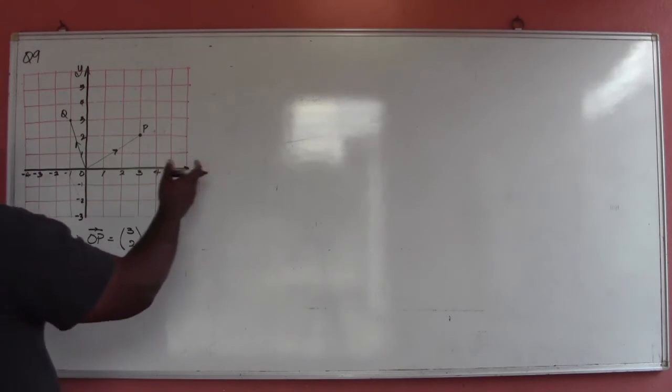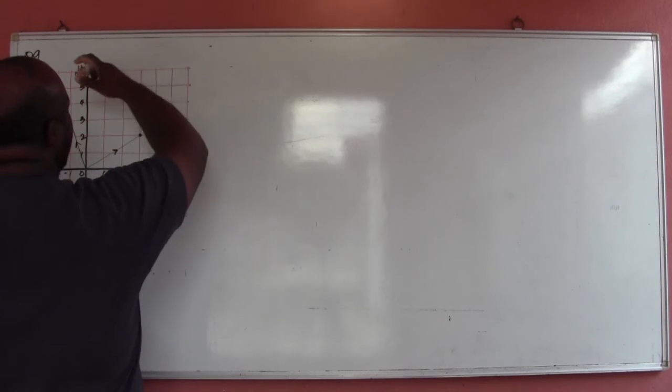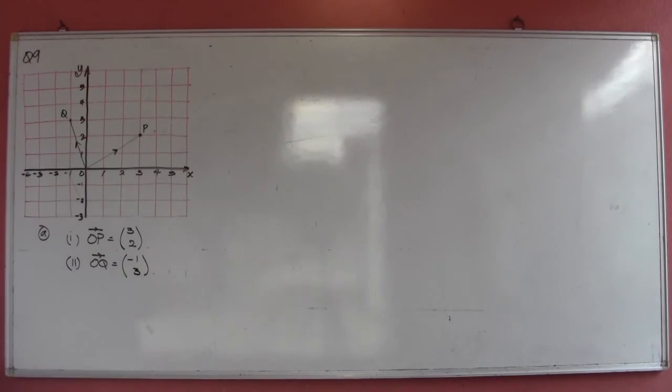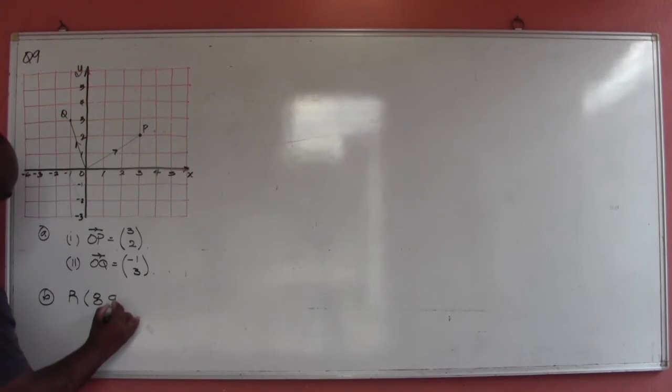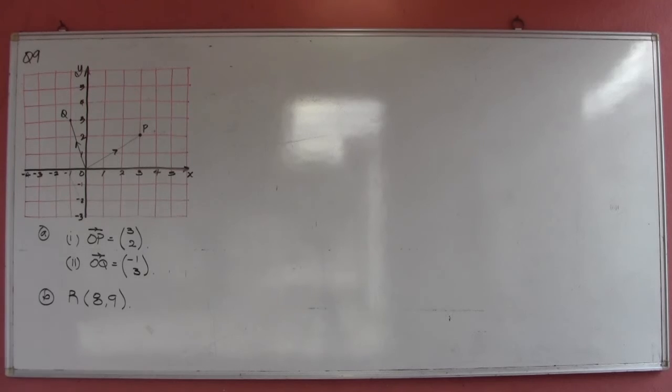But we know that it would be somewhere out there. It would have been good if we could put it in, because then we could have a visual appreciation of what we're doing. However, I suspect that we will be able to work the question without having the ability to represent R on our diagram.